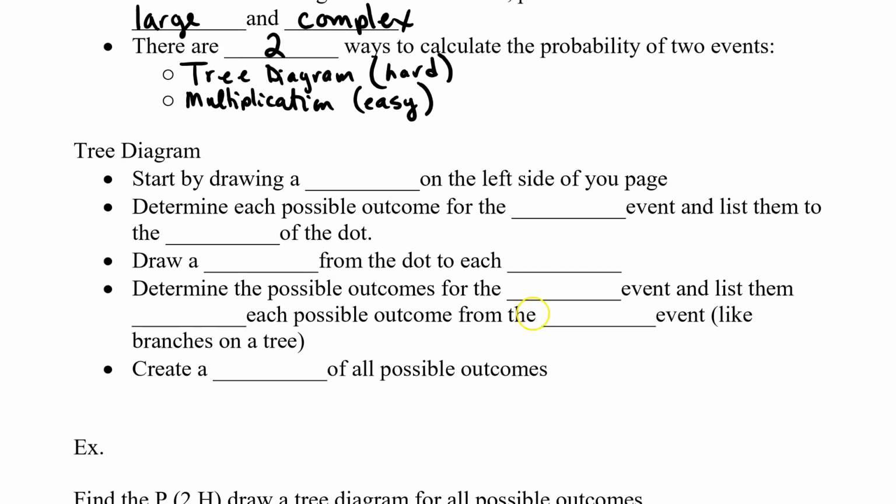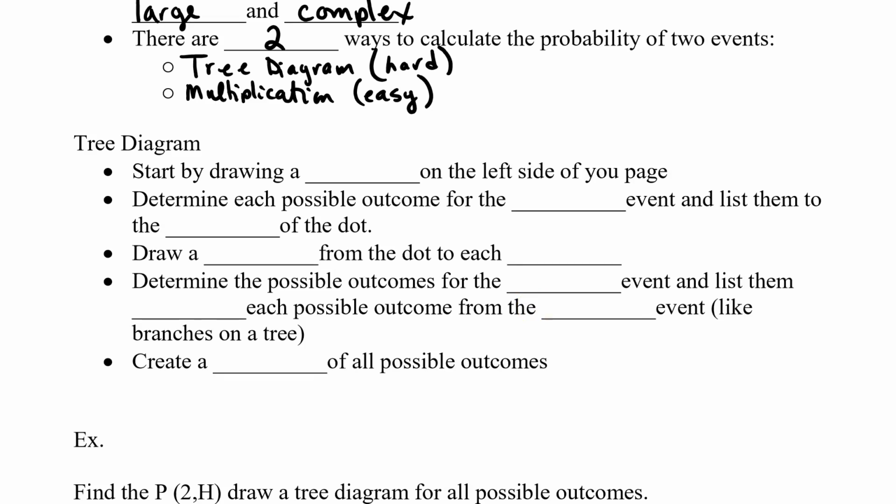So first things first, let's talk about the tree diagram. Even though it's very complicated, it's very logical, and some people like to see that because they can see all the possibilities. So first things first, start by drawing a dot on the left-hand side of your page. Determine each possible outcome for the first event and list them to the right of the dot.